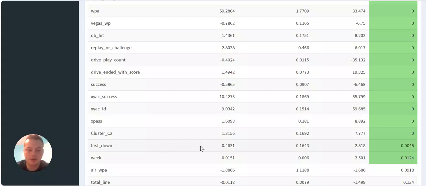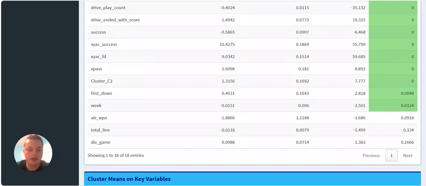And we have first down with a positive estimate with a p-value of 0.0048. And we have the week with a negative estimate and a p-value of 0.0124. So we highlighted all p-values above 0.05, even though many times we consider 10% the threshold for statistical significance.